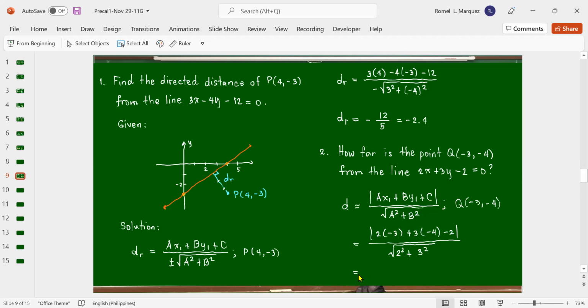What is this equal to, guys? The numerator is negative 6 minus 12 minus 2. That is negative 20, so it means positive 20, the absolute value, no? Over the square root of, what is this, guys? 4 plus 9, 13. Or if you want the rationalized form, 20 square root of 13 over 13 units.